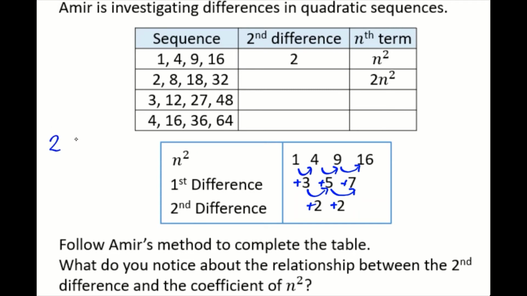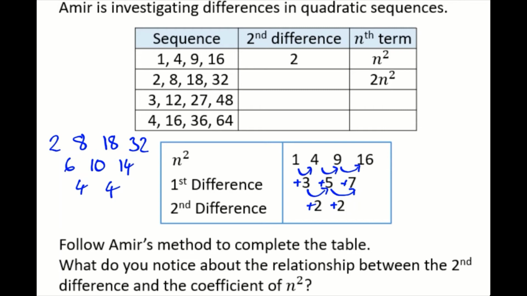So you should have found, if you looked at 2, 8, 18, 32, 2 add 6 is 8, and then 8 add 10 is 18, and then 18 add 14 is 32. The second difference, or 6 add 4 is 10, and 10 add 4 is 14.